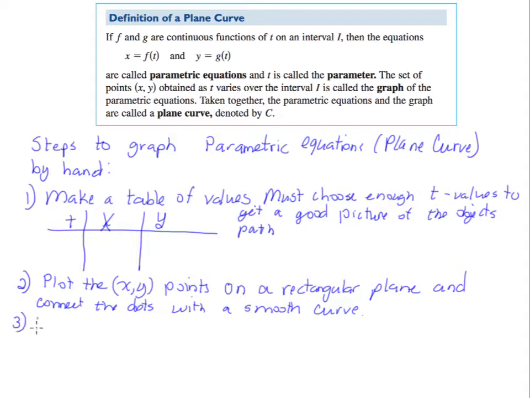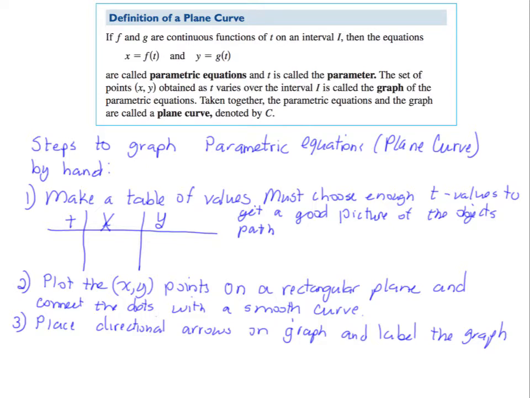All that's left to do is put directional arrows on your graph to trace out the path of the object and label your graph with the equation. So in summary, the steps to graph any parametric equation, or plane curve, by hand are: one, make a table of values, which should include t, x, and y. Then plot the (x, y) points, and then put directional arrows on your curve and label your graph.